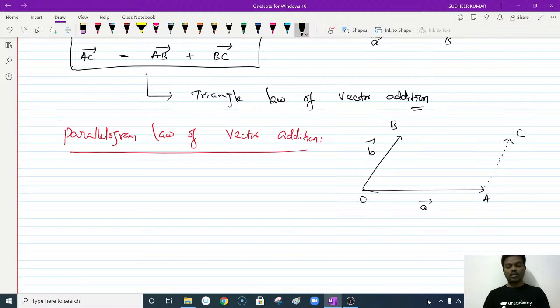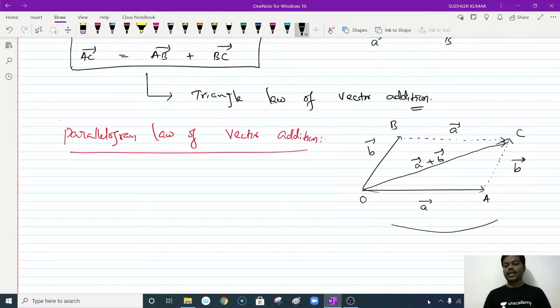By using the triangle law of vector addition, here also draw the parallel side which is the vector OA. Opposite sides of a parallelogram are equal. So we can write this as vector B and this is vector A. If we move in this direction, we can write this result as vector A plus vector B.